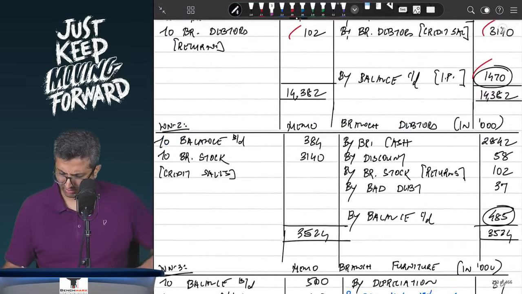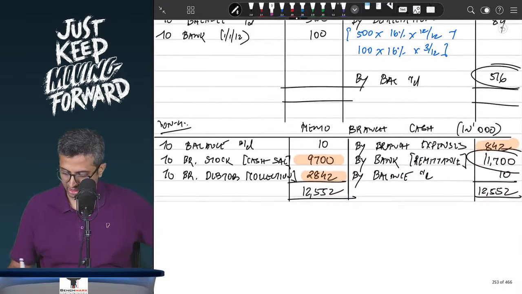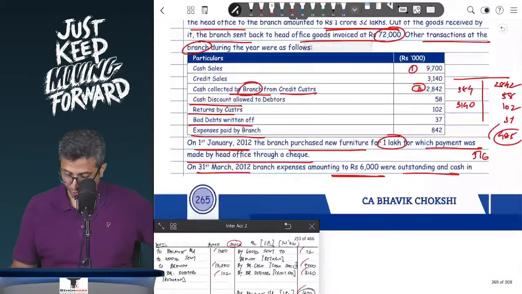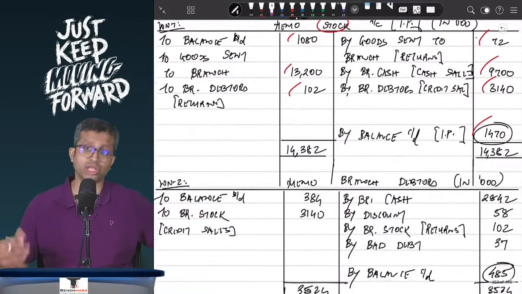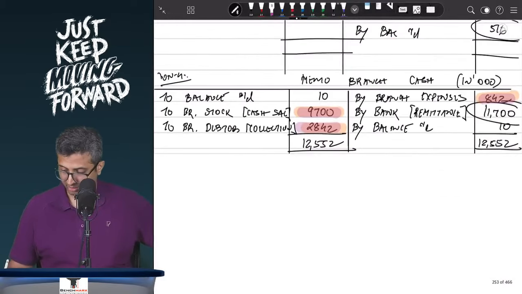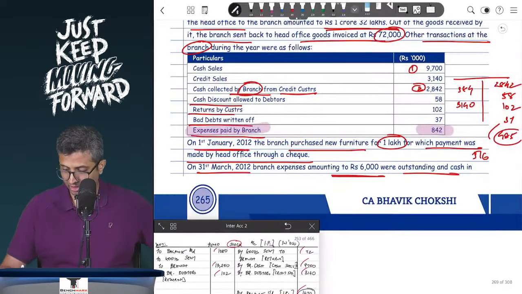If I review this, what they've done is they've prepared the entire cash account and the balancing figure is worked out. So over here we took only these two, but then there are some expenses too, branch expenses. You have been told at the end that expenses paid by branch is 842, so I can remit only after paying those expenses. We missed that probably. And 10 is a closing balance to be kept, so 11,700 should be the balance over here.